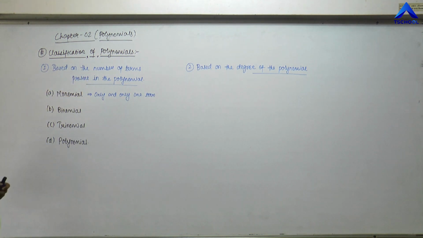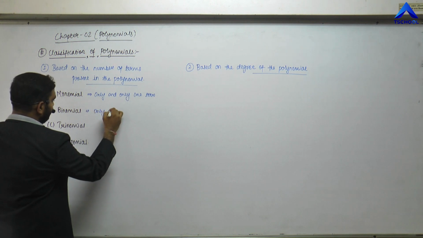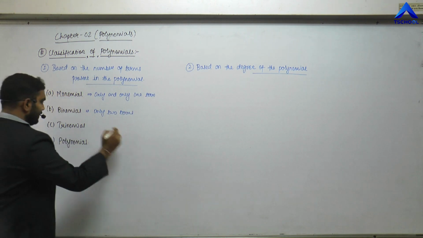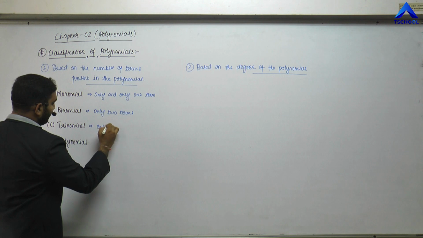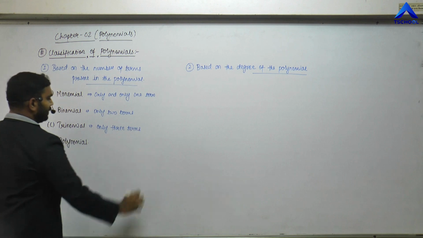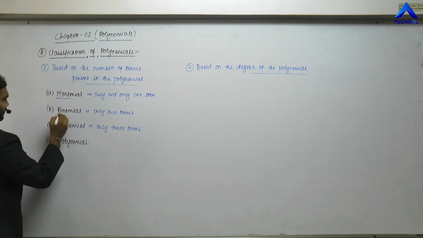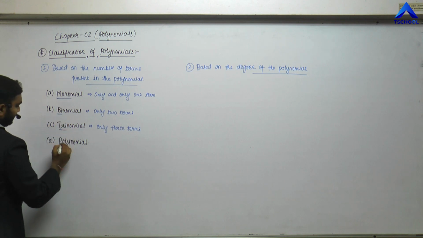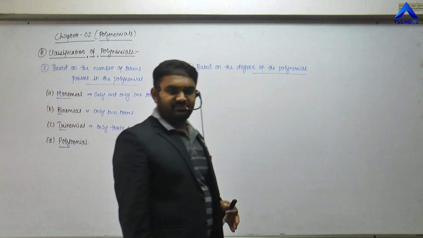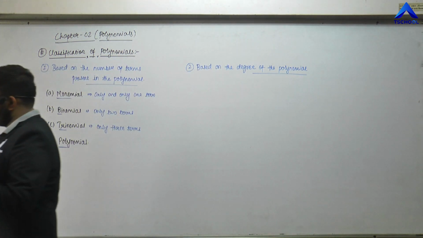Binomial means only 2 terms present here, and trinomial means only 3 terms, right? As the name suggests, mono means 1, bi means 2, tri means 3, and poly means infinite.